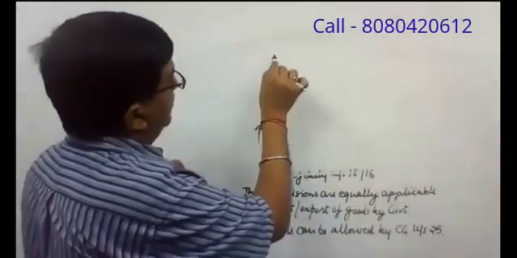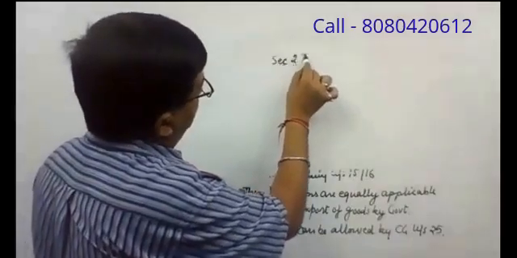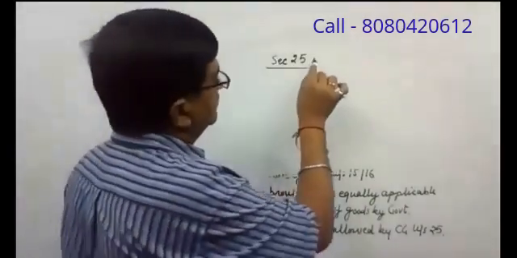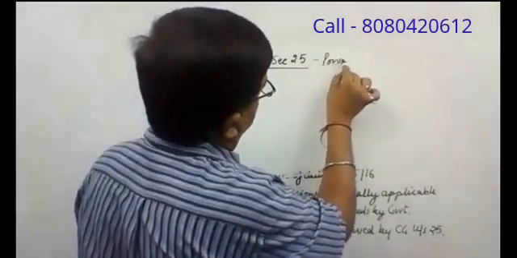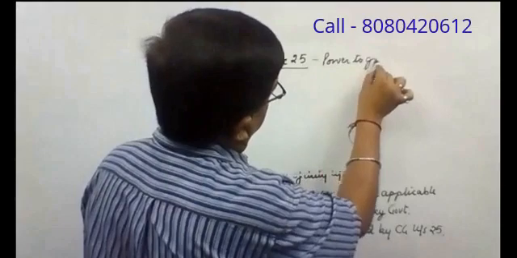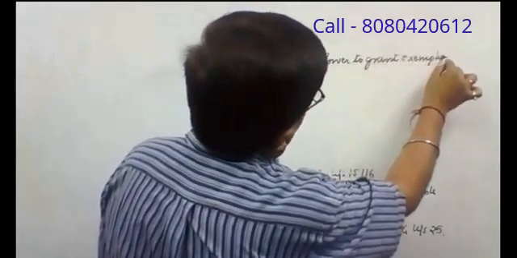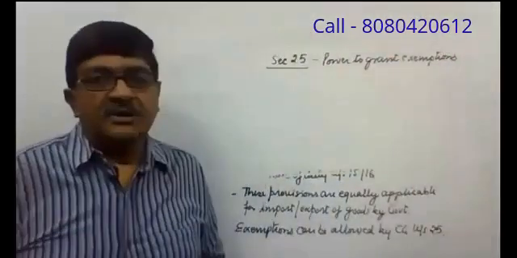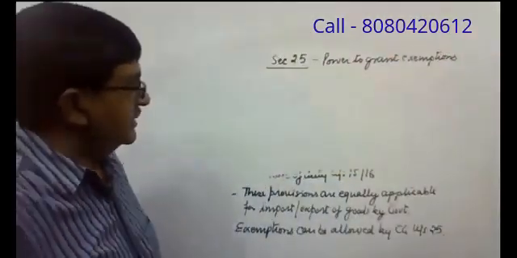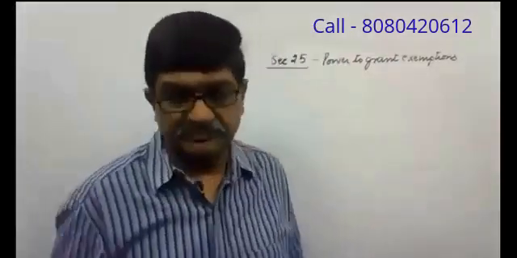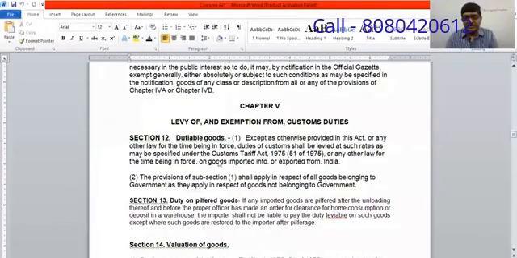So now, section 25. This is power to grant exemptions. We'll go to section 25.